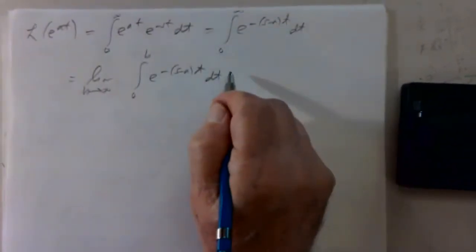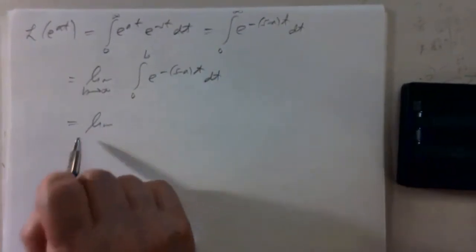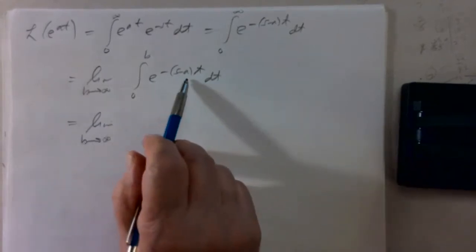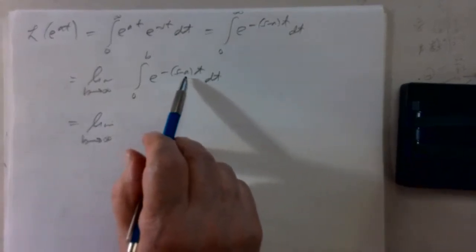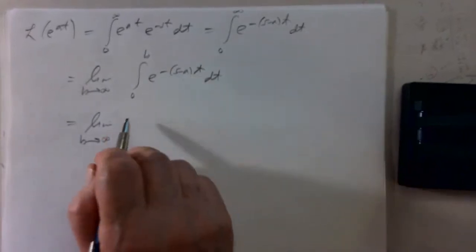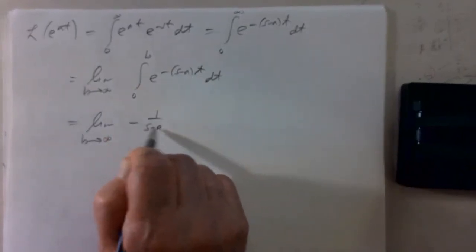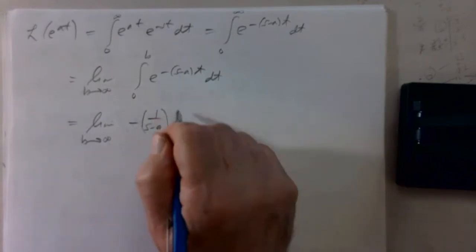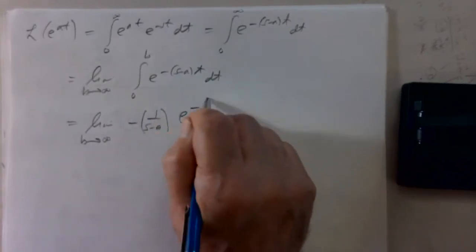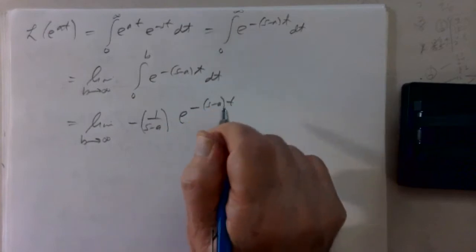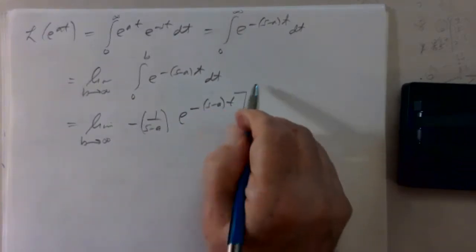That's the limit as b goes to infinity of the integral from 0 to b of e to the minus (s minus a)t dt. What's the antiderivative of e to the minus (s minus a)t? It's minus 1 over (s minus a) times e to the minus (s minus a)t, evaluated from t equals 0 to b.